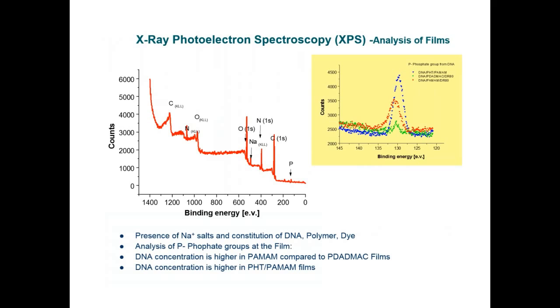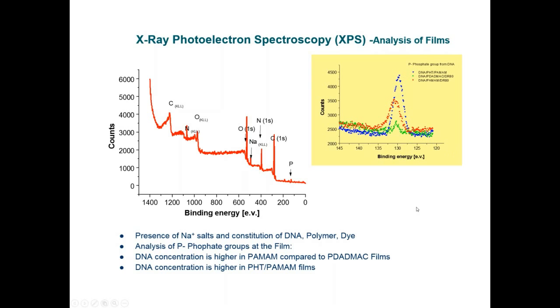X-ray photoelectron spectroscopy is a sort of elemental analysis on the surface. And to confirm that we indeed have DNA, we have a good peak of the phosphate group or phosphorus element with a binding energy of about 130, growing with the increasing number of layers.